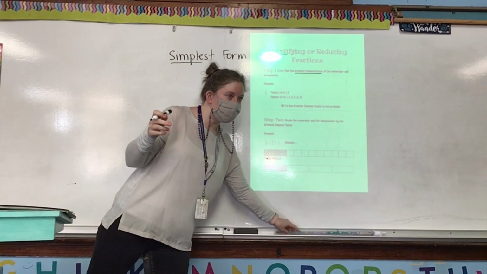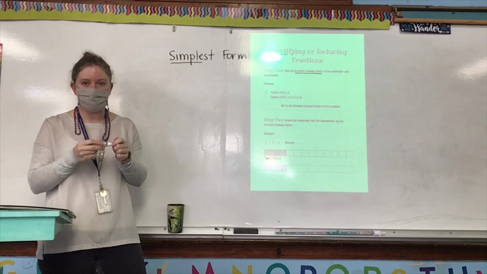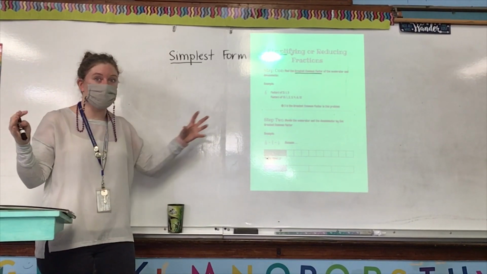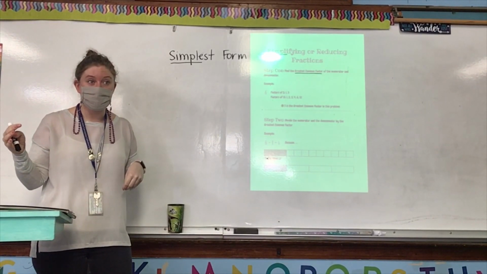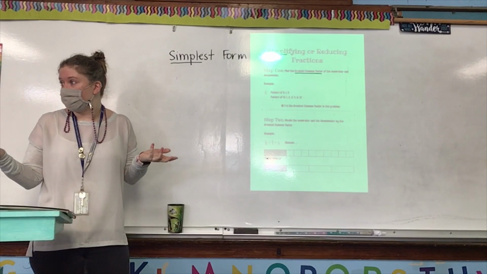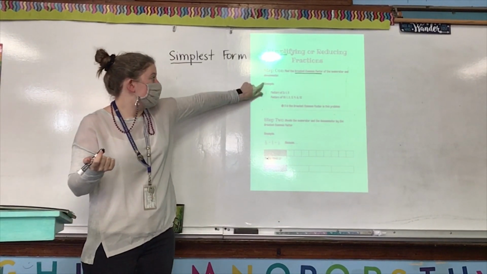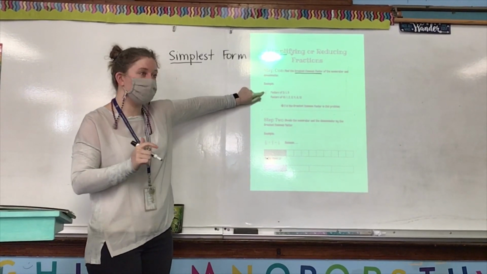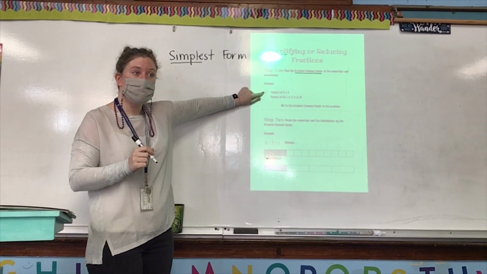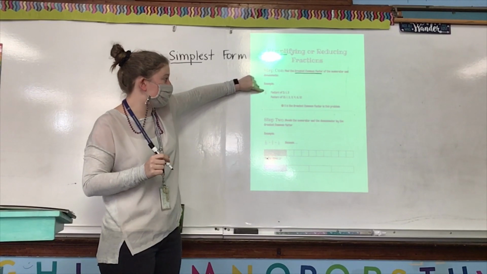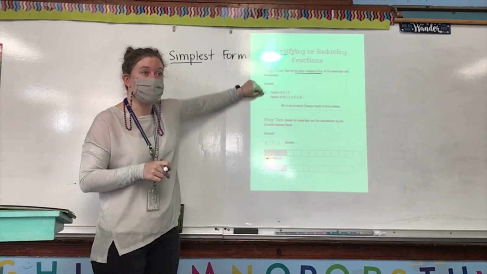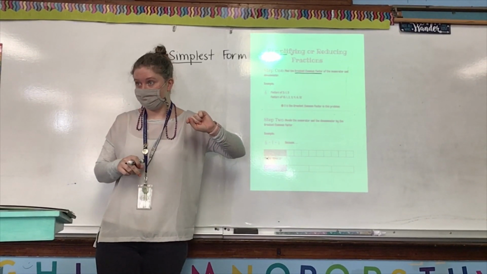Because remember when I told you that we're going to have a lesson where you have to list every single factor for the numerator and the denominator? Well, that's where we are. So first, in order to find the greatest common factor, you have to take your fraction 3/12 and find all of the factors of the numerator and all of the factors of the denominator. That's why you must list them all.